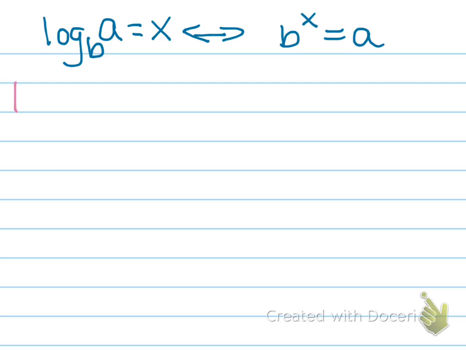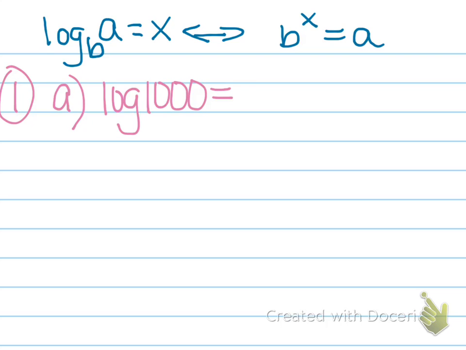So number 1, A. And they're just asking us to rewrite each logarithmic equation in exponential form using the definition of logarithm. So there's the definition of logarithm at the top. So A says log of 1,000 equals x. So the solution here is simply 10 to the x equals 1,000.